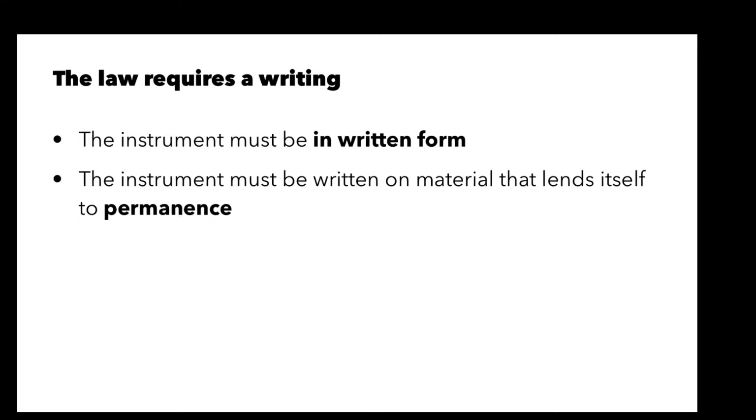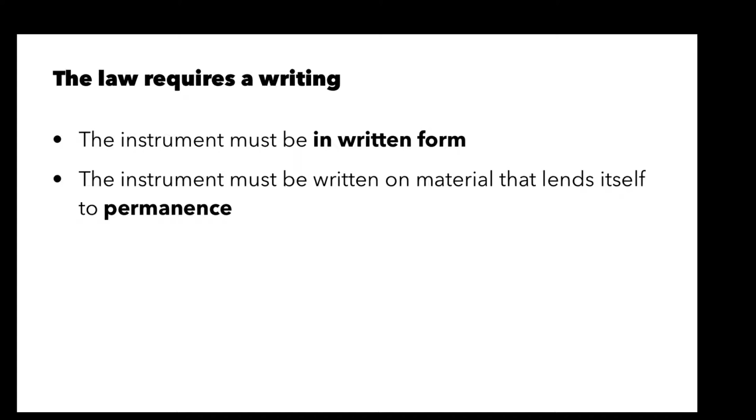Let's start with a writing. The law requires a writing. What does that mean? The instrument must be in written form. And the instrument must be written on material that lends itself to permanence. Paper, fine. Clay tablet that may erode in the rain, probably not fine.